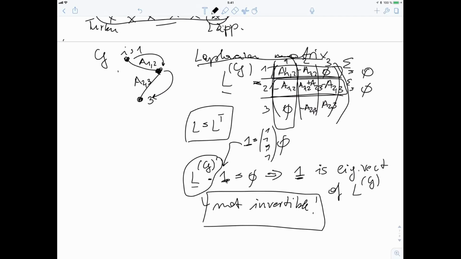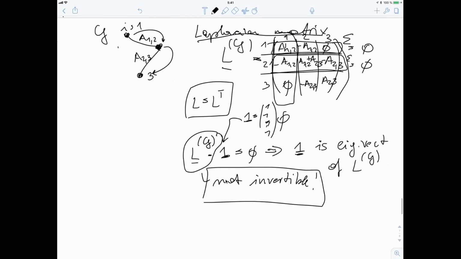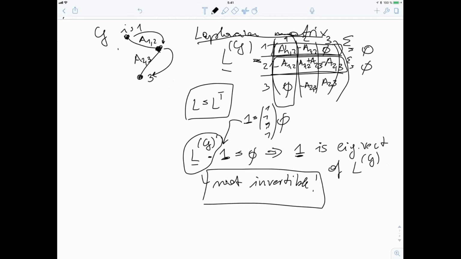Because there's a vector that if we apply the matrix to this vector, we get 0. So the null space is non-trivial.